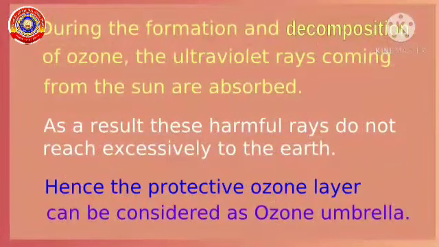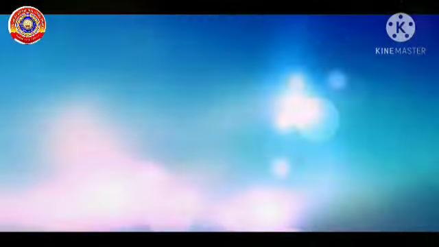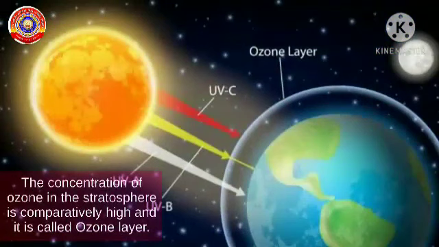Therefore, these dangerous rays do not reach the earth excessively. That is why the ozone layer is otherwise known as ozone umbrella. Do you know why this layer is known as ozone layer? It is because of the high concentration of ozone in the stratosphere.